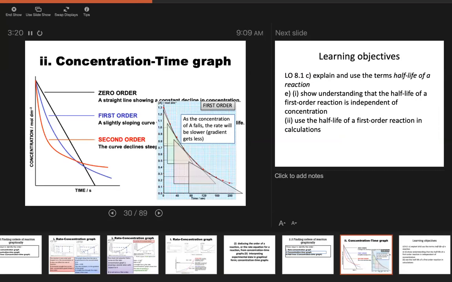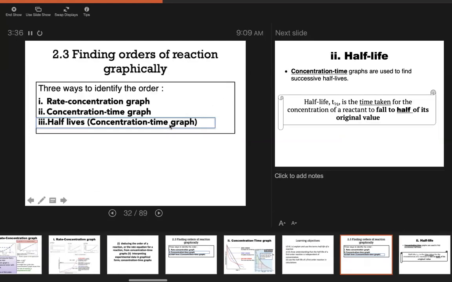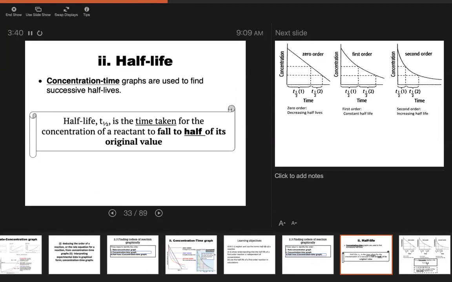So that's just showing you how to draw the gradient on a curve, whether it's a first order or second order. You need to choose a particular concentration and then draw a tangent through that point. And that brings us to the next concept, which is the half-life. Just to recall, the definition of half-life is the time taken for the concentration to fall to half of its original value.